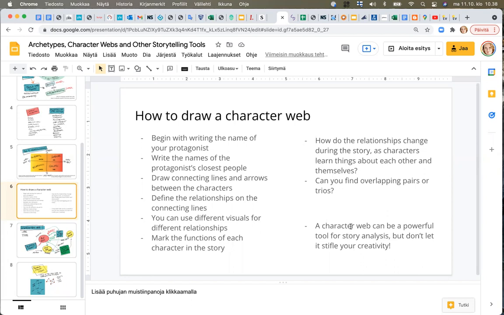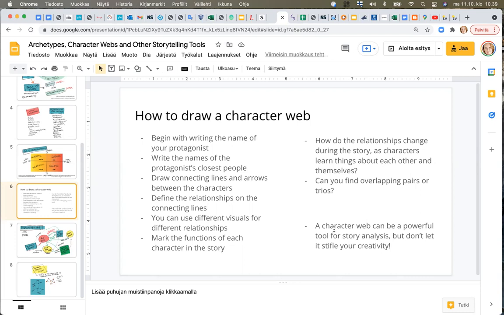But then there's a warning too. This character web is a good tool when you have a story already, but then there might be something wrong with it, but you can't really find what it is. So then it's a good way of clarifying the story in your mind by drawing this kind of character web.